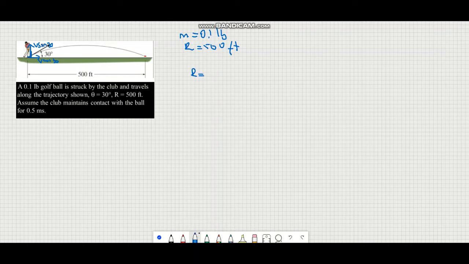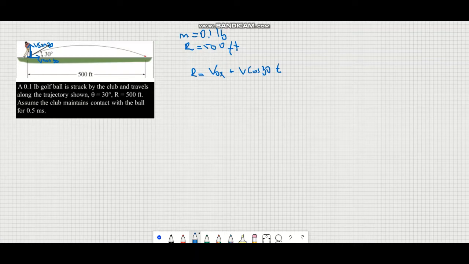So for the x direction, we have the initial position plus v cosine 30 multiplied by the time of flight.